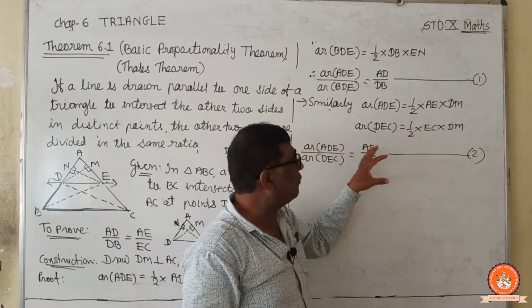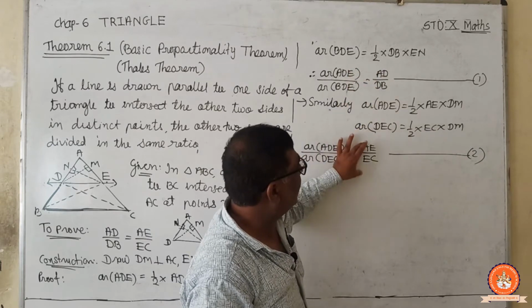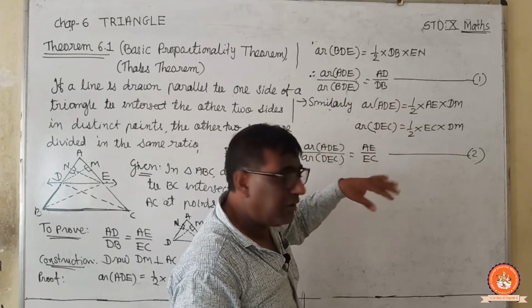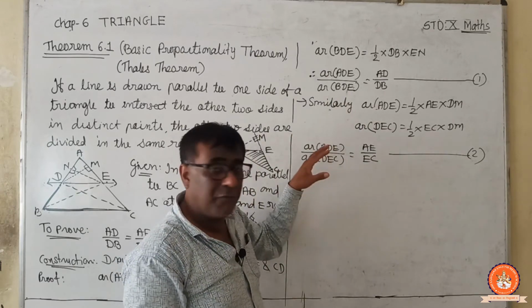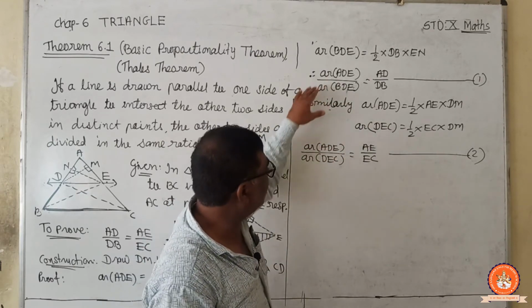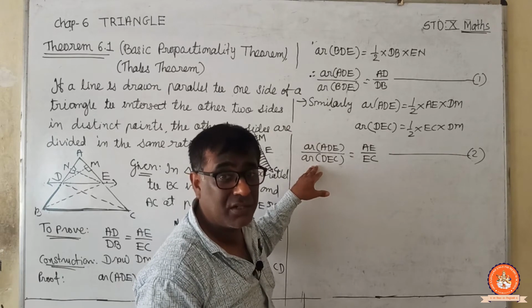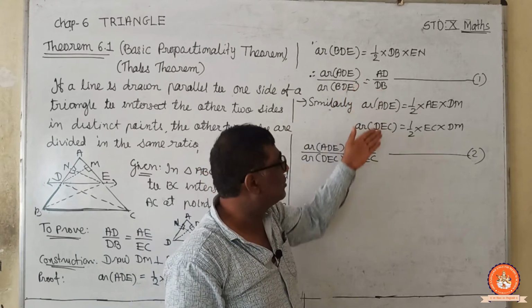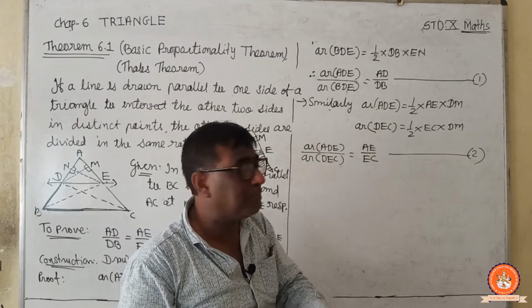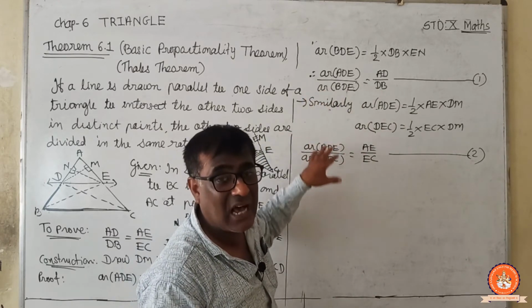So if we want to prove them equal, then we require to prove that their left hand sides are also equal. If we are able to prove that, then it will be proven. So here our target is to prove their left hand sides are equal.